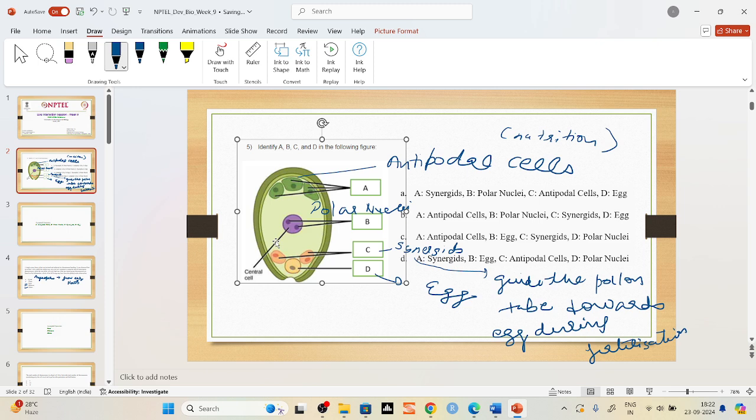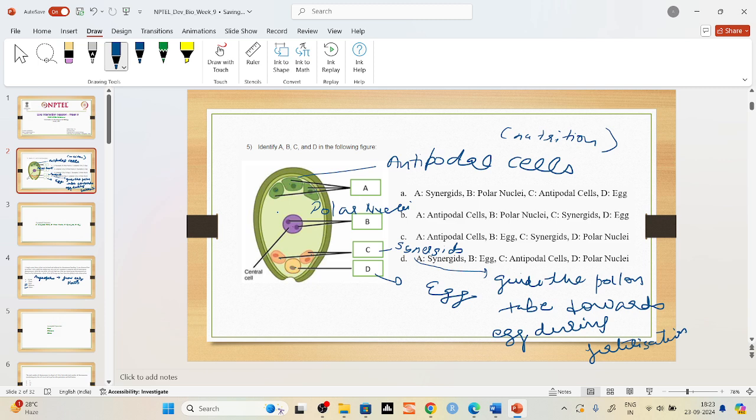This figure is actually your embryo sac for a flowering plant, where you have a 7 cell arrangement. So let us count the 7 cells: 1, 2, 3, 4, 5, 6 and 7. So you have a 7 cell arrangement.